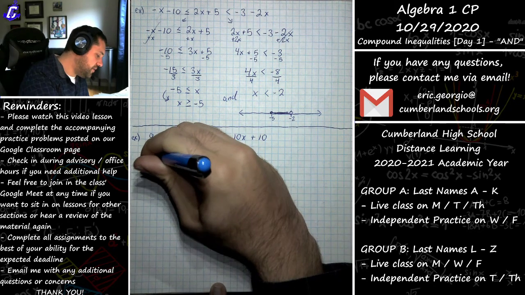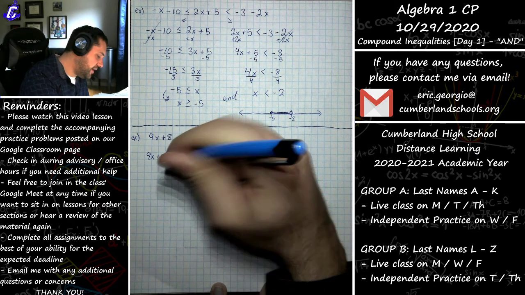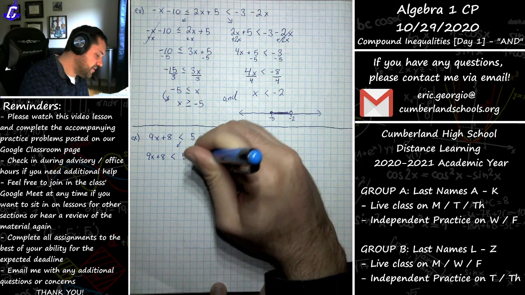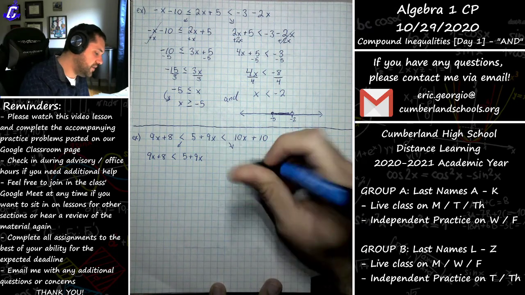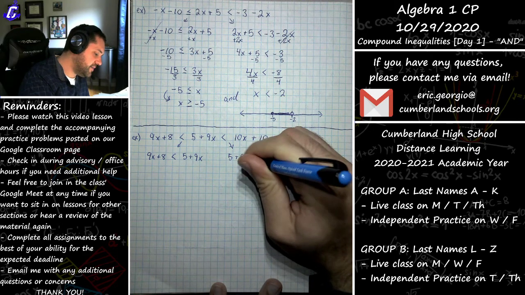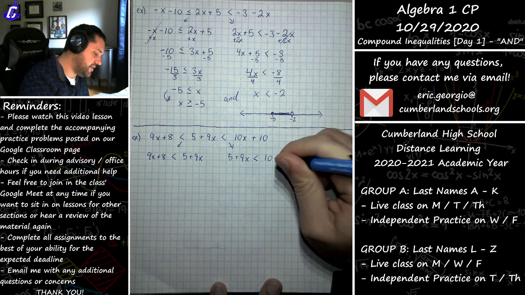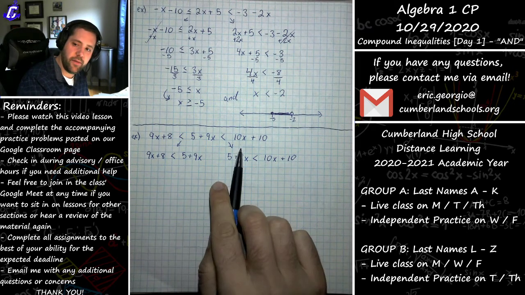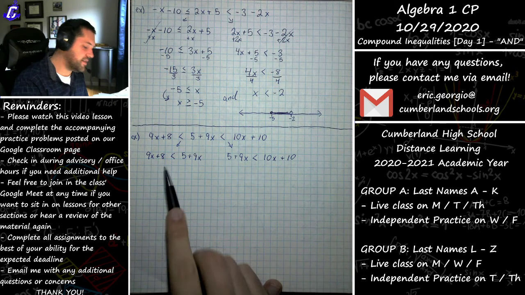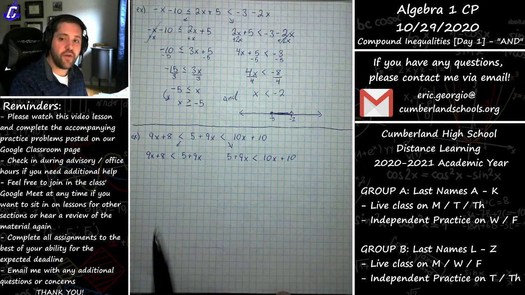I can do 9x plus 8 is less than 5 plus 9x, right? Just like this. Capture this piece. And I can also do 5 plus 9x is less than 10x plus 10, right? Capture this piece altogether.